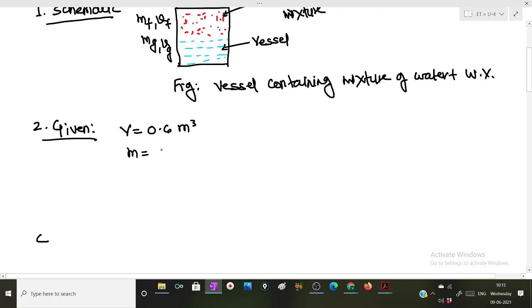Then mass of mixture will be mass of water plus mass of water vapor. This is given as 3 kg. Similarly, in the volume of vessel, volume of water is also there and volume of water vapor is also there. Then I have been given pressure.